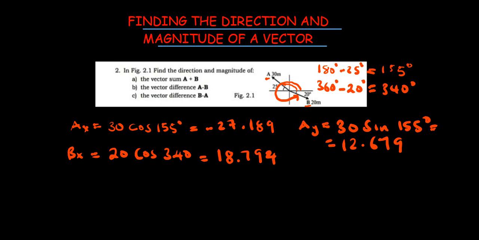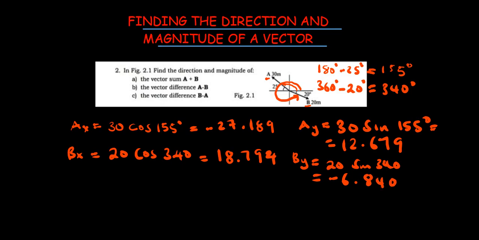Then the y component is 20 sine 340. When I plug that in, I get negative 6.840.